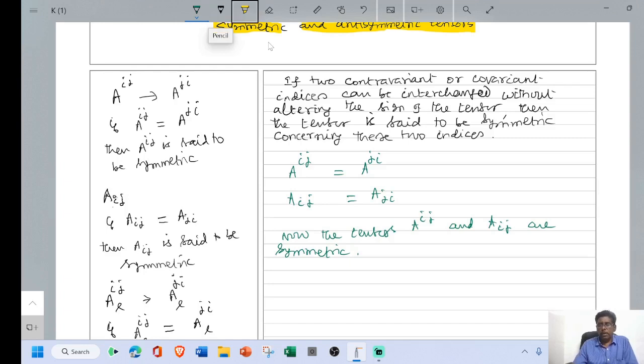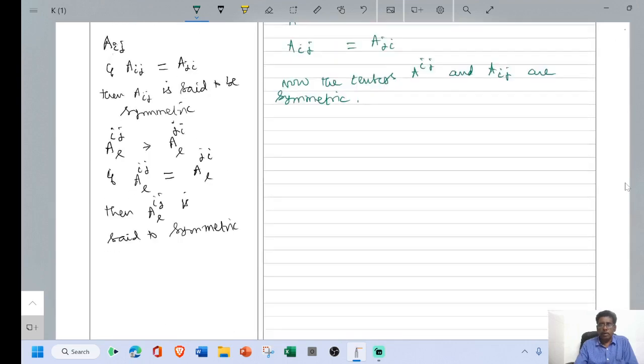If you take a mixed tensor, now consider a mixed tensor of higher rank.